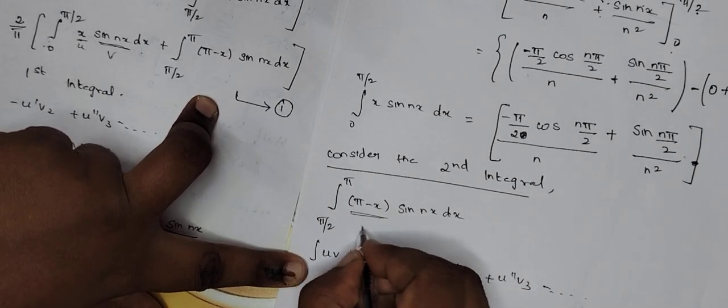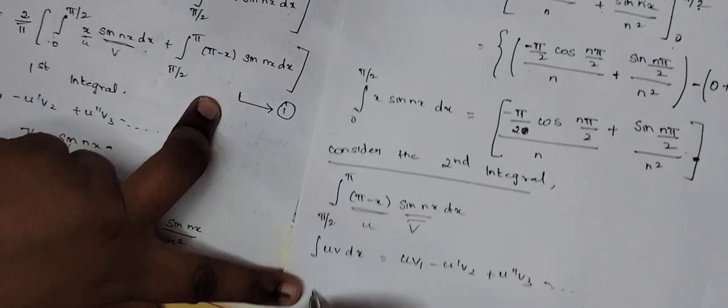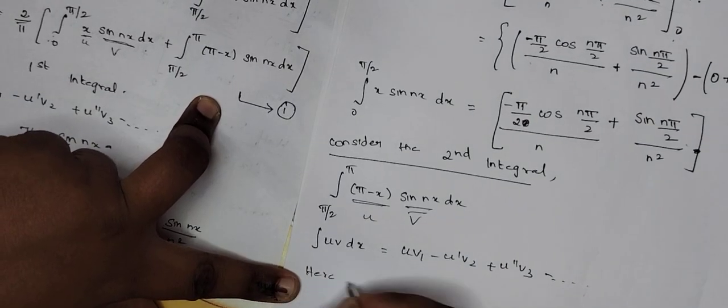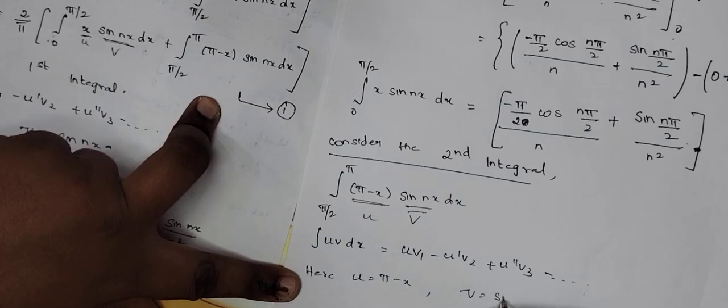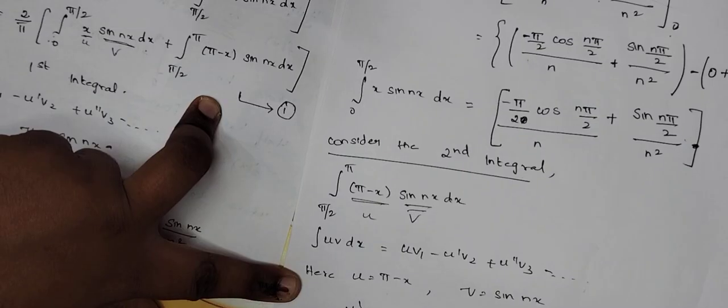Okay, so this is my u, this is my v. Here u equals pi minus x and v equals sin nx. u' is nothing but minus 1, u'' is 0.